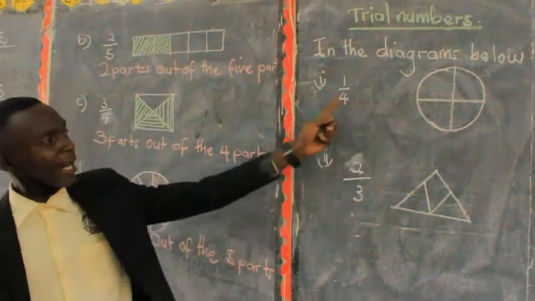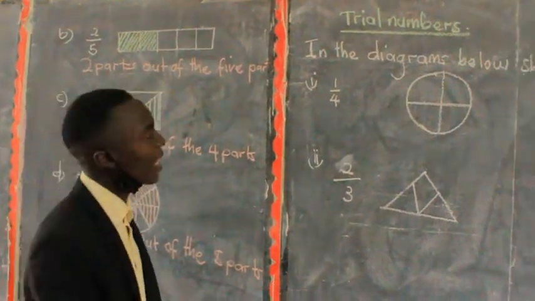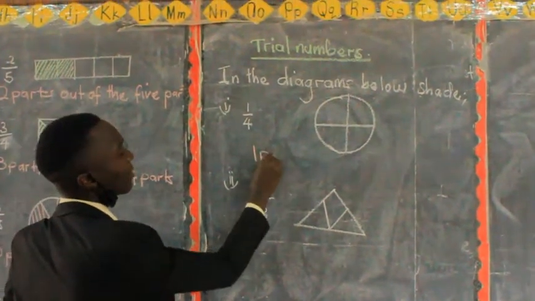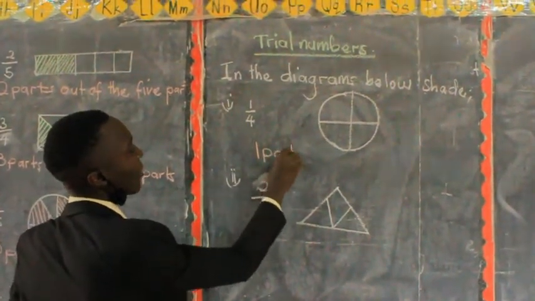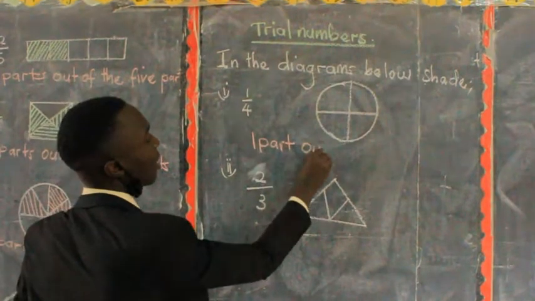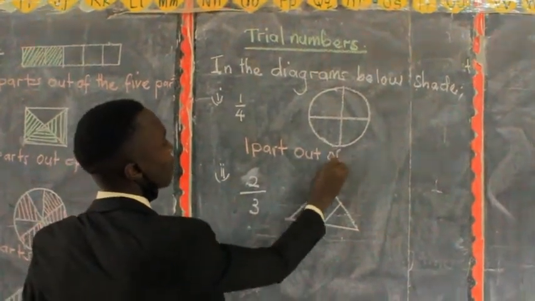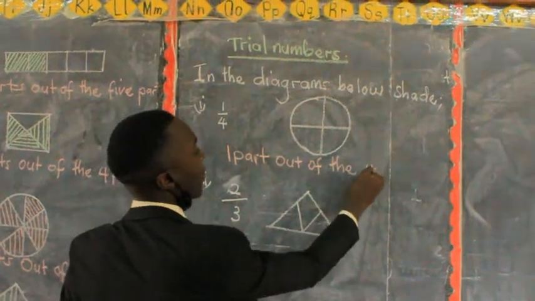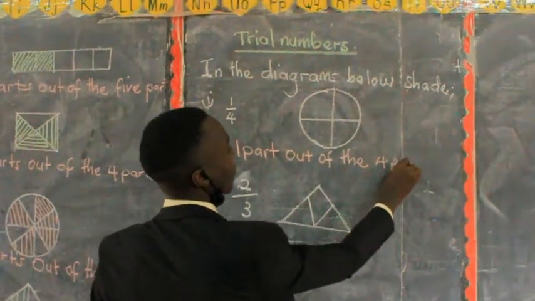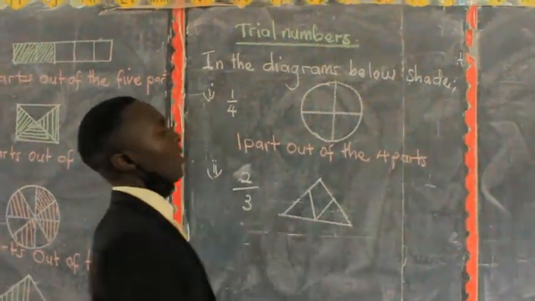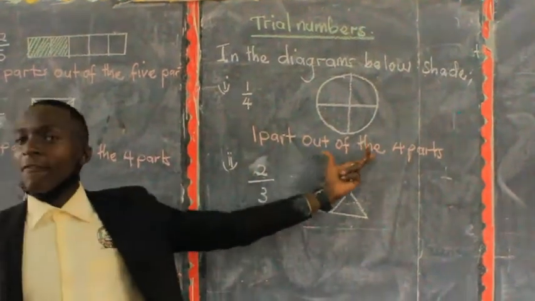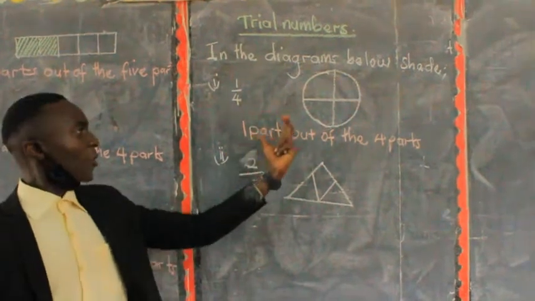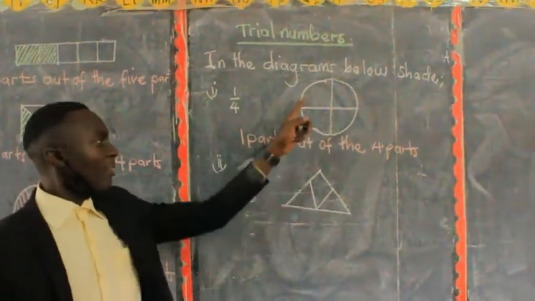Remember, a quarter simply means that we shade one part out of the 4 parts. One part out of the 4 parts.